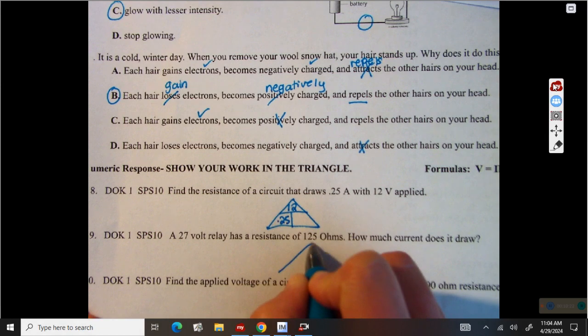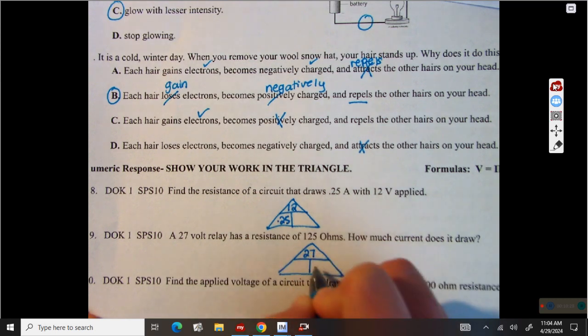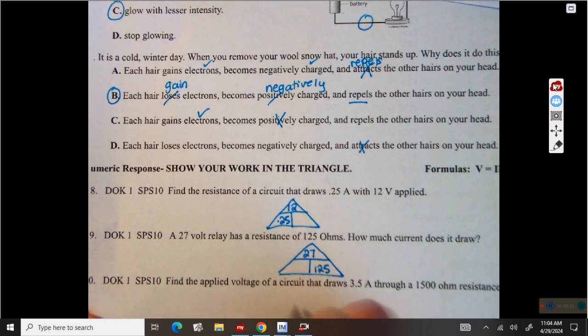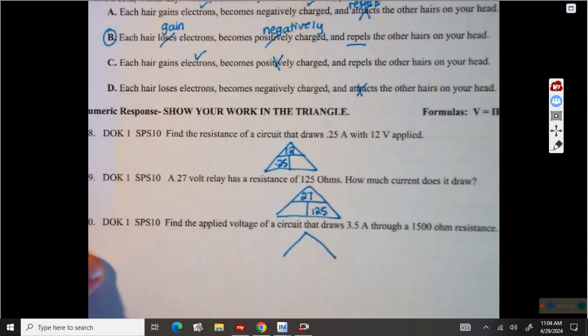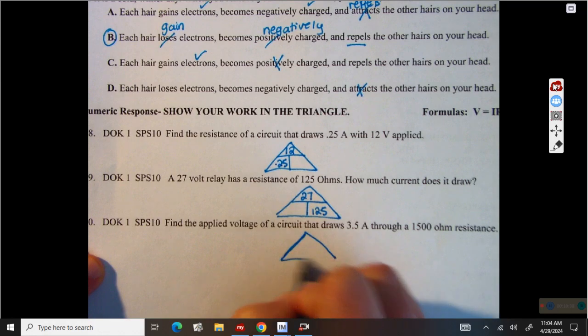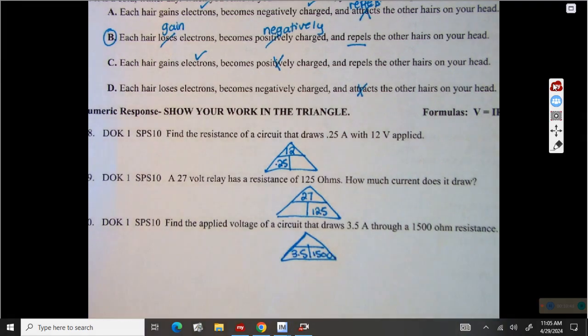All right, the next one, we have a 27 volt, so 27 goes on top. 125 ohms. You're going to divide those two and get your current in amps. And then at the bottom, we have 3.5 amps and 1500 ohms. We take those two numbers and multiply them together, all right, to get your voltage in volts.